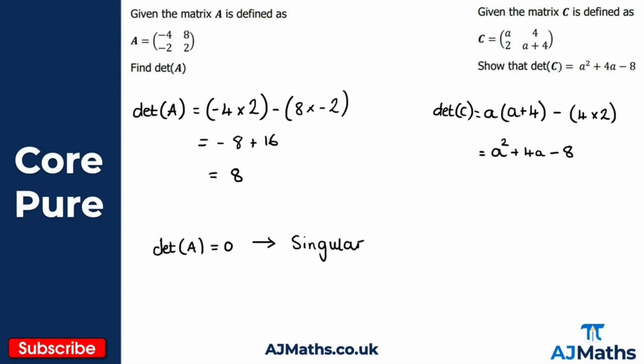And the reason why this is special is because for a singular matrix, the inverse does not exist. And you'll see that in more detail when we take a look at finding the inverse of a 2x2 matrix. If the determinant of the matrix, say det A, is not equal to 0, then we just say this is a non-singular matrix. Just so you're aware of that.